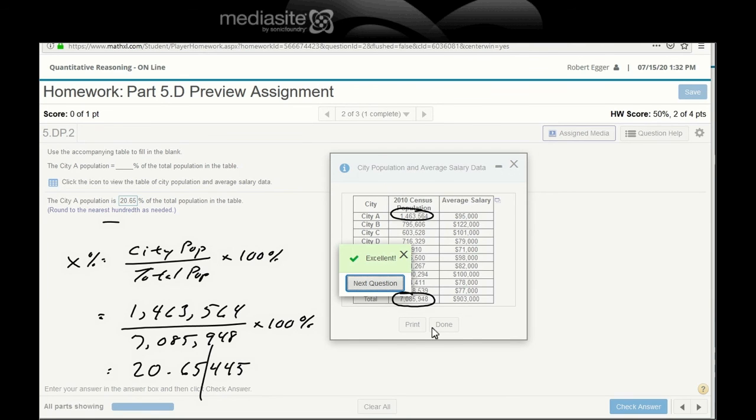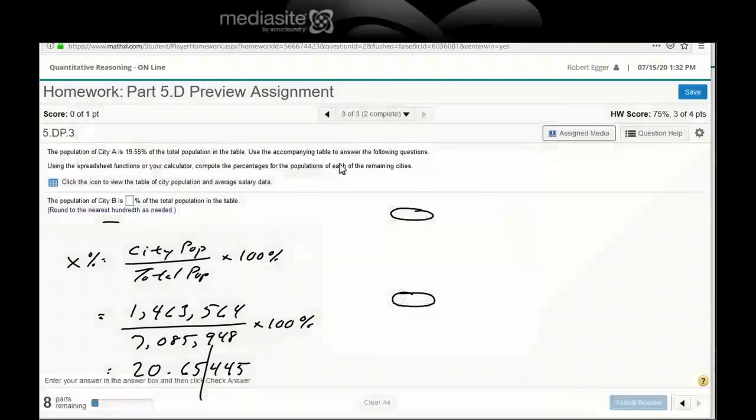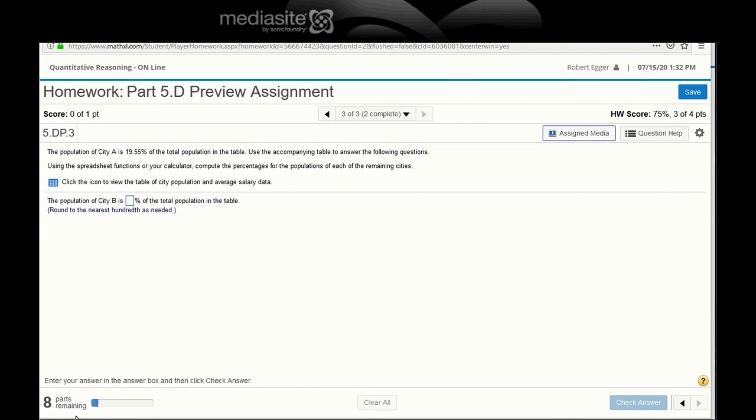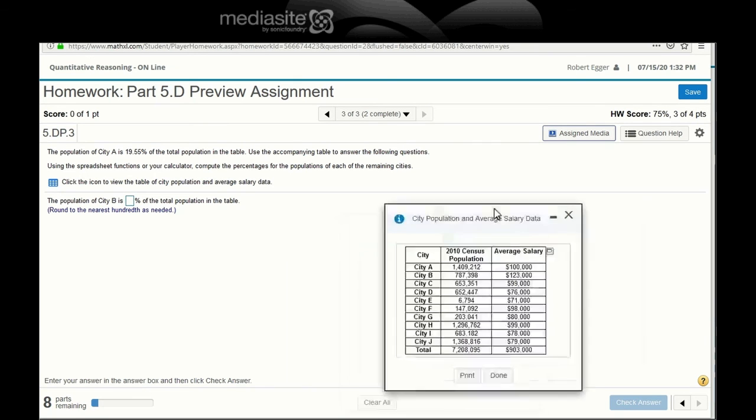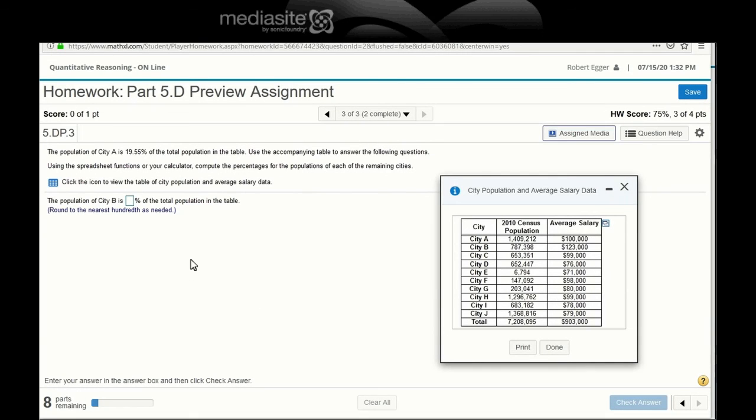And it is correct. Oh, lovely, there are 8 parts, and this is going to do every one of them. Population of city A is 19.55. And it's following questions. All right, let's see what we got here. And let's just prove that to ourselves. Is city A 19.55?